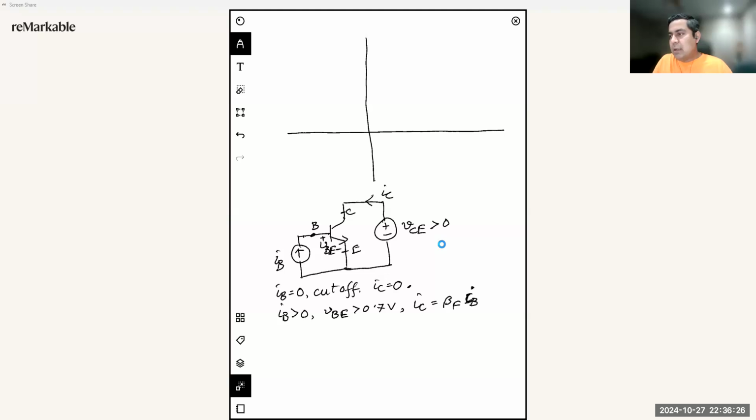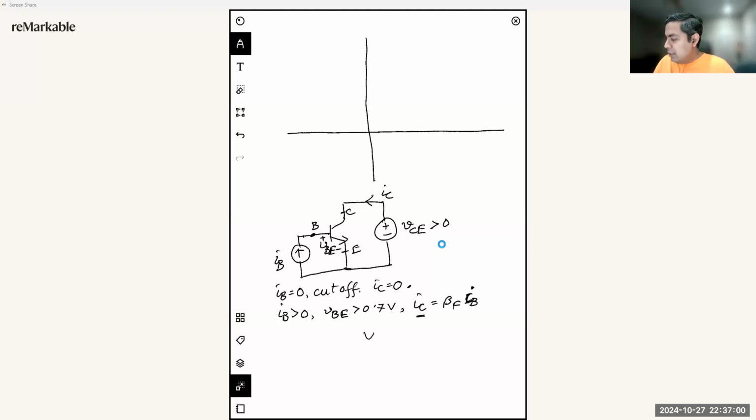So this collector current is solely dependent on the base current. Once you cross that threshold value of the base current, it creates that voltage across the base-emitter junction. Then we are going to see this collector current flowing, but it's independent of the VCE.